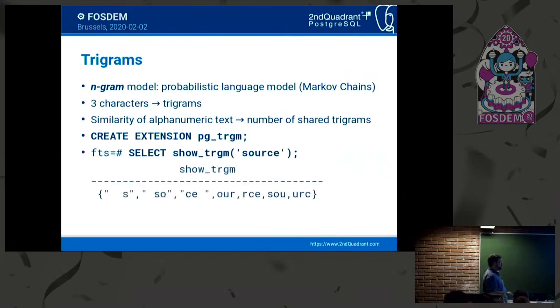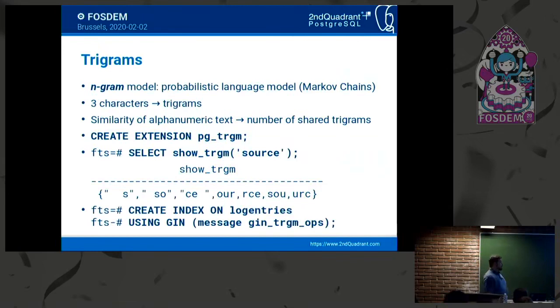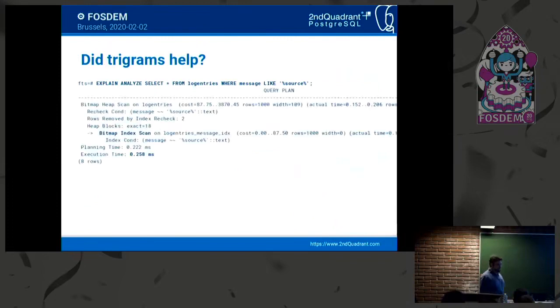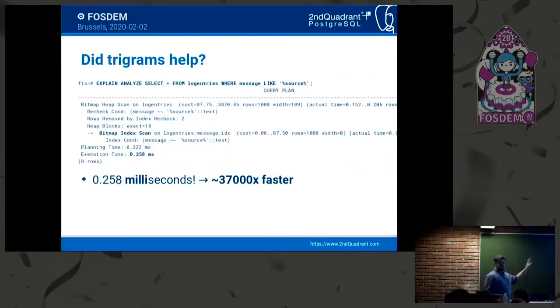By selecting show_trgm, you see what it converts your source word into, and it splits it into these trigrams. You'll notice that some of them are padded with white space. Create an index on log_entries using GIN, and I specify the GIN trigram operations here. Did it help? It's about 37,000 times faster than looking through the text. So this index type helps you search for non-language text.